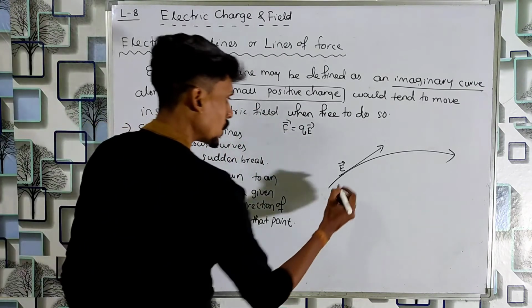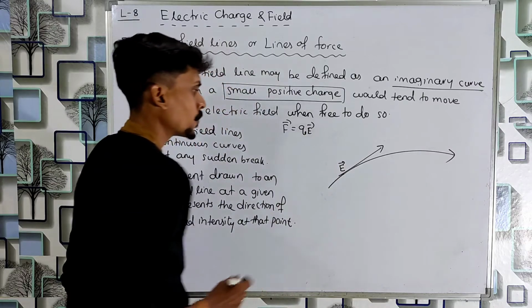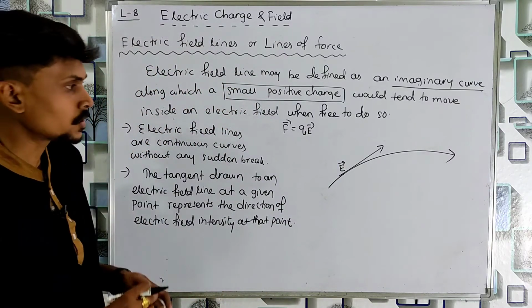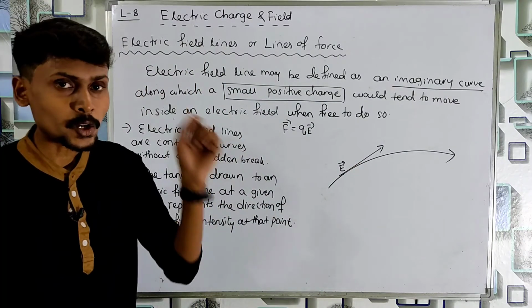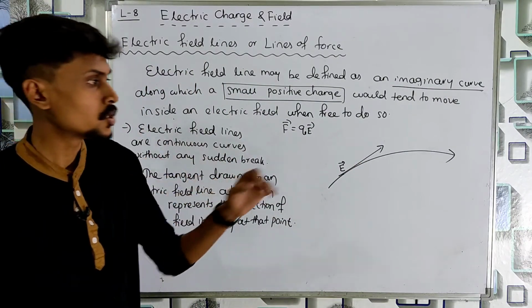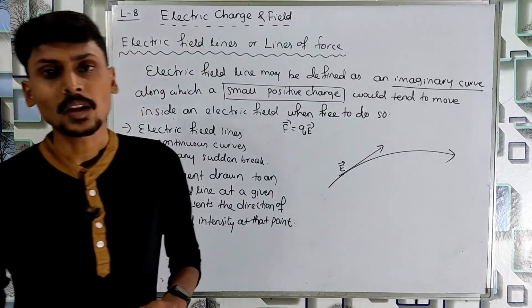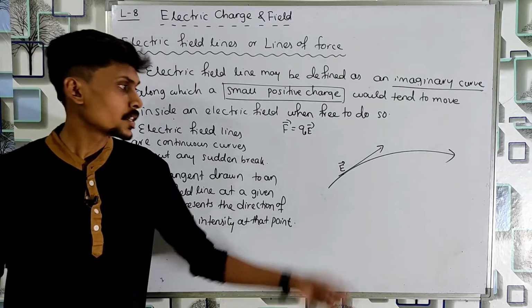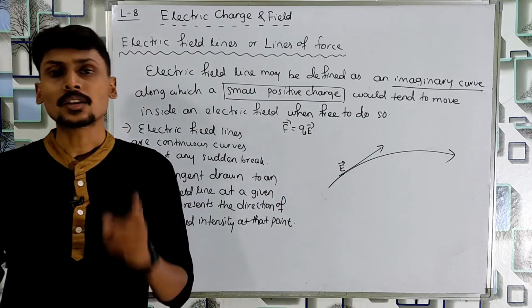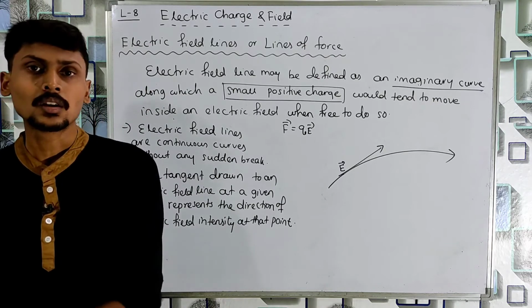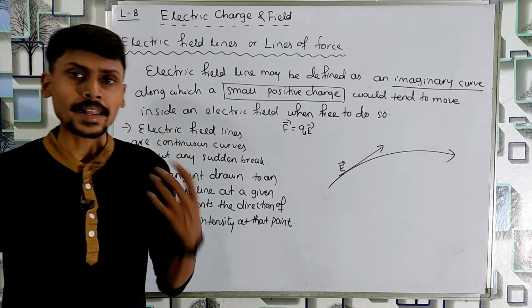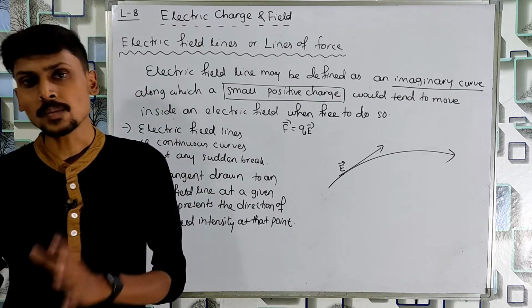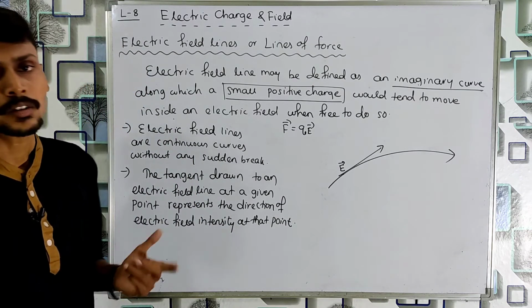Since at point A the electric field intensity direction is along this tangent, it means the electrostatic force direction is also along the tangent. Or we can say that this tangent represents the direction of acceleration on the test charge, because the direction of acceleration is the same as the direction of the force.